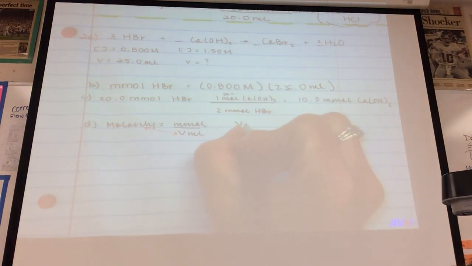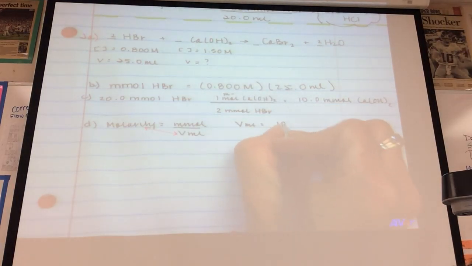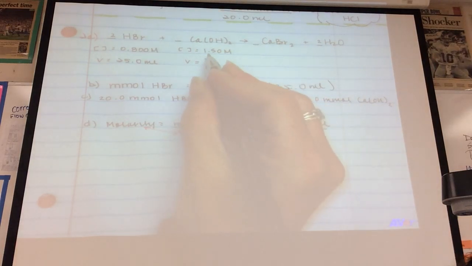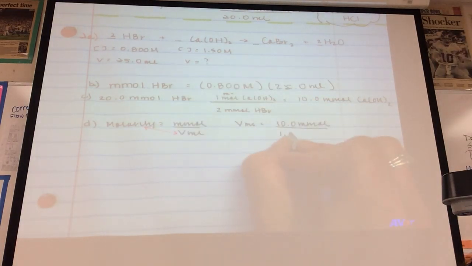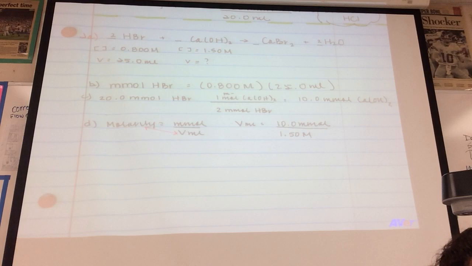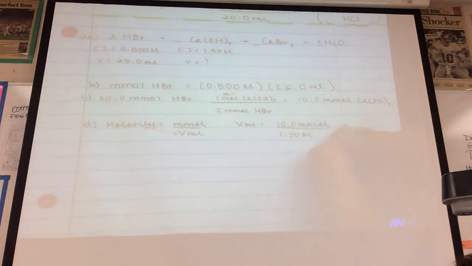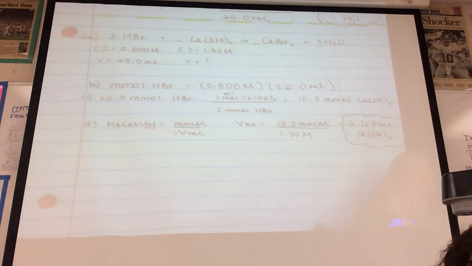So the volume in mils would just be 10 millimoles over, this is a base, so in this case the concentration, and you would have 6.67 mils of base. And it's not that common to ask for mils. Typically they ask for concentration, although truthfully it's done the same way, so it's not a biggie.